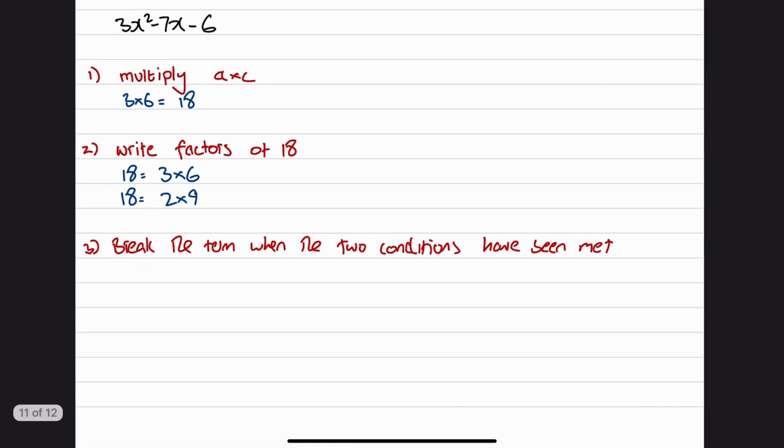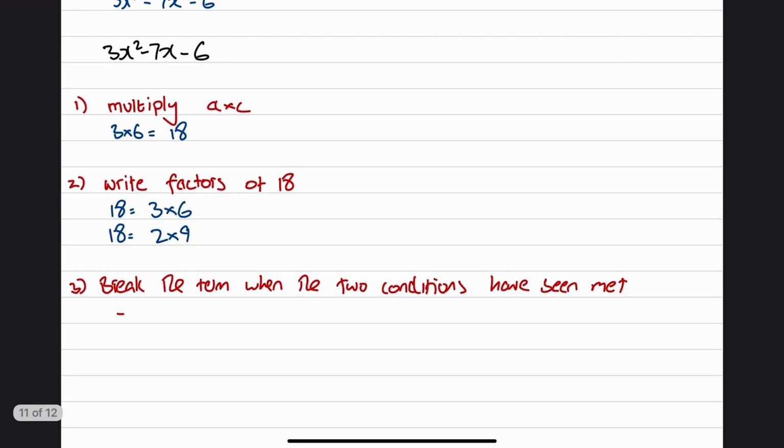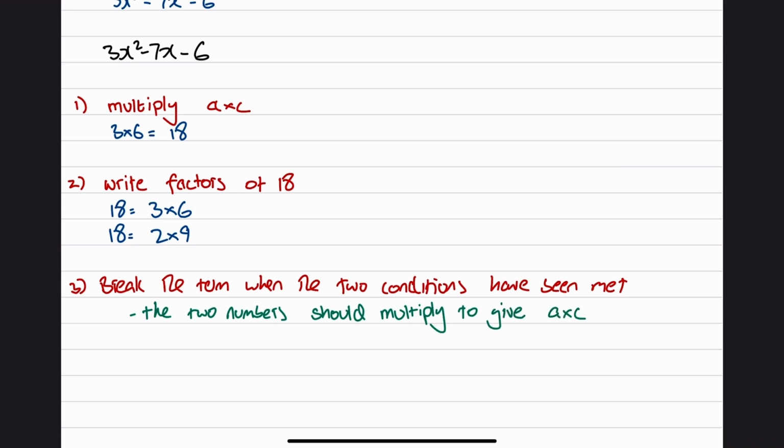And I'll write down the two conditions, which are: the two numbers should multiply to give a times c, and they should add or subtract to give us b.